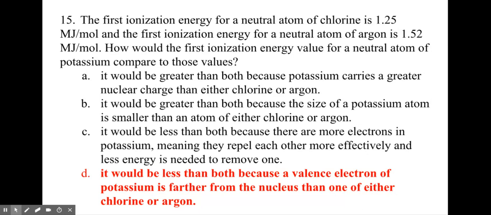Now, because it's in group 1, potassium has one valence electron, and so we would think that it would be much easier to remove than the 7 or 8 valence electrons for chlorine and argon respectively. So I would expect potassium to have a lower first ionization energy than both chlorine and argon.